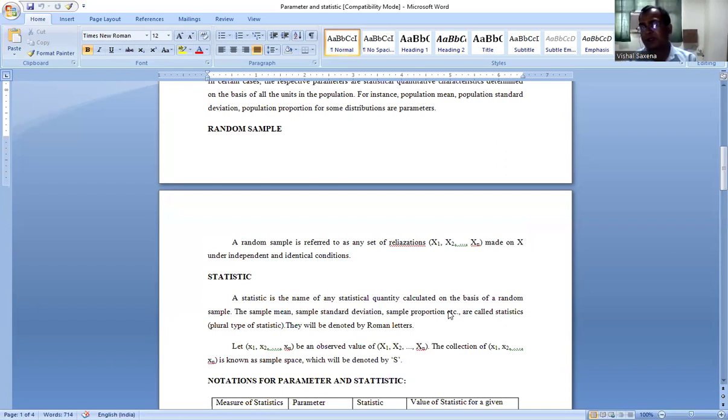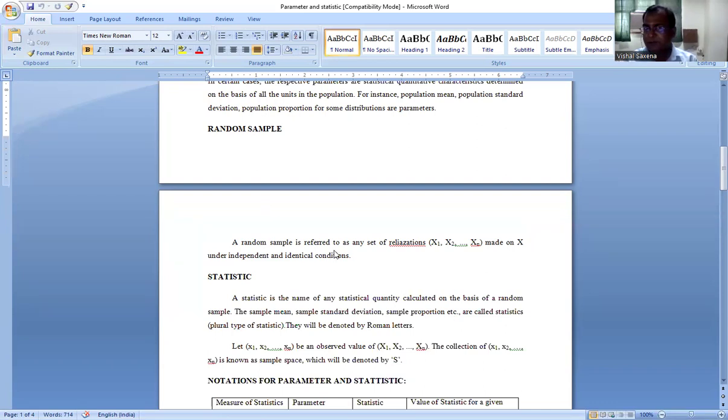So suppose any set of realizations, some variables, some values, x1, x2, x3, and xn. These are random variables showing values.